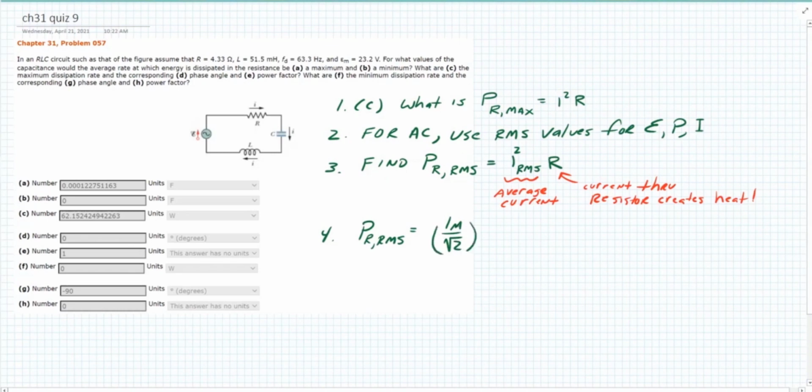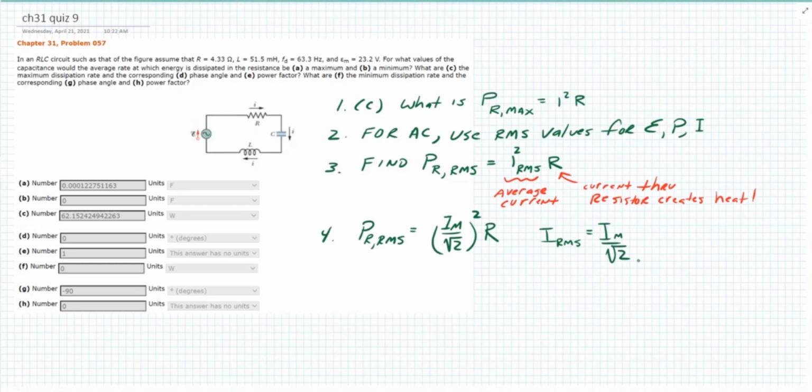That's my RMS current times R. And just note, I RMS equals I max divided by the square root of 2. You might say, hey, Chris, shouldn't it be just divided by 2? Not in the world of AC, not in the world of sine waves.